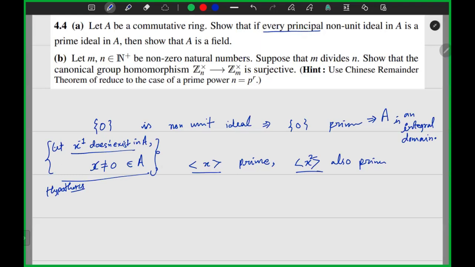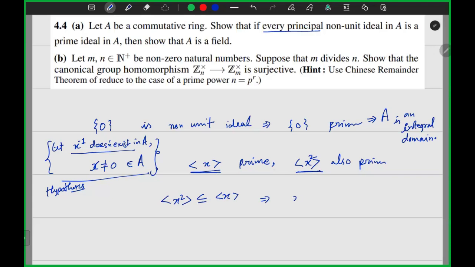What is the relation between these two prime ideals, x square and x? One is contained in the other. Which one? One is contained the other way. So this is contained in here.